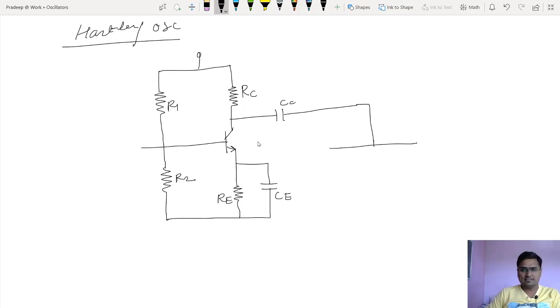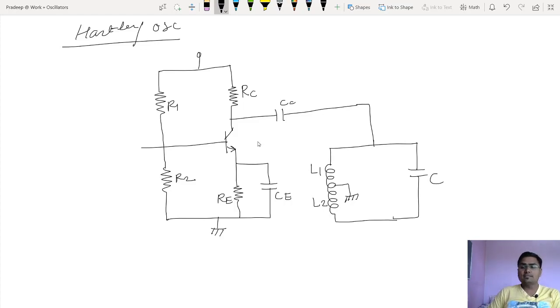In the Hartley oscillator it means two inductors and one capacitor. Let me connect that inductor here, and one capacitor is there. Here somewhere I will connect a ground, let me split them as L1, and this is L2, this is capacitor C. Now see, here is the ground of the amplifier.